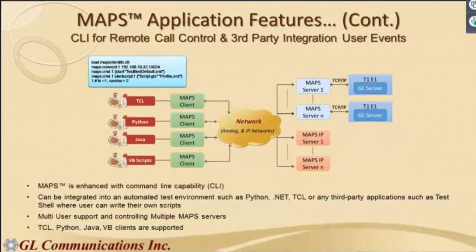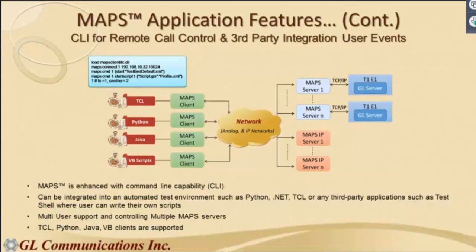Yeah. The next important feature is the CLI for remote control. Till now we have discussed the GUI version. Even maps provides for the user where he can control the complete protocol life cycle using the CLI part. The maps client provides different language support, where we have Python, Java, TCL, and so on.